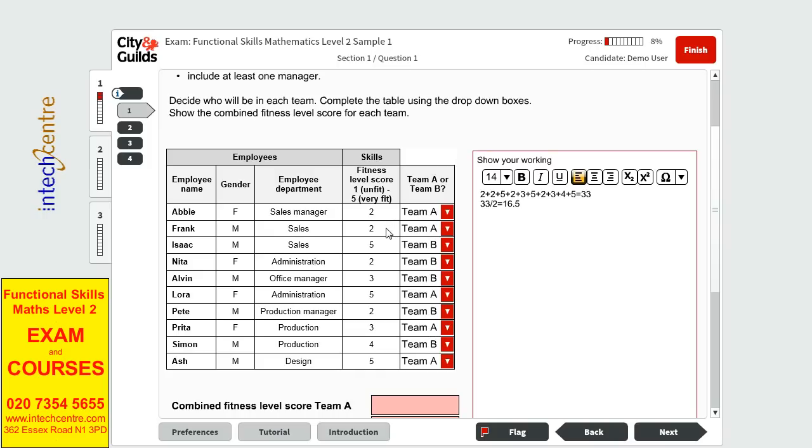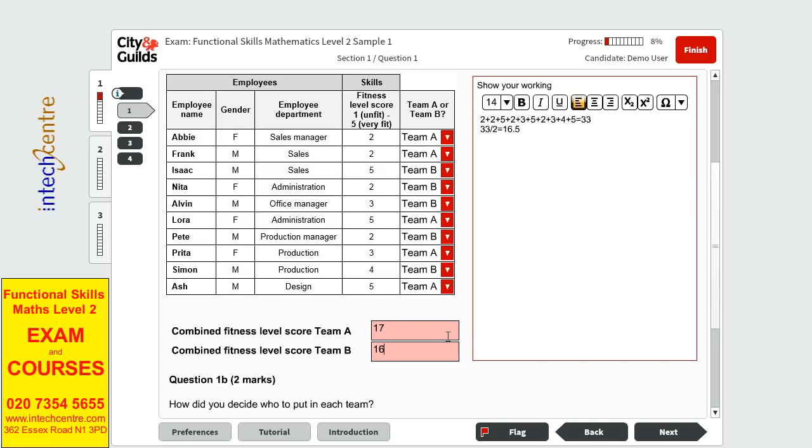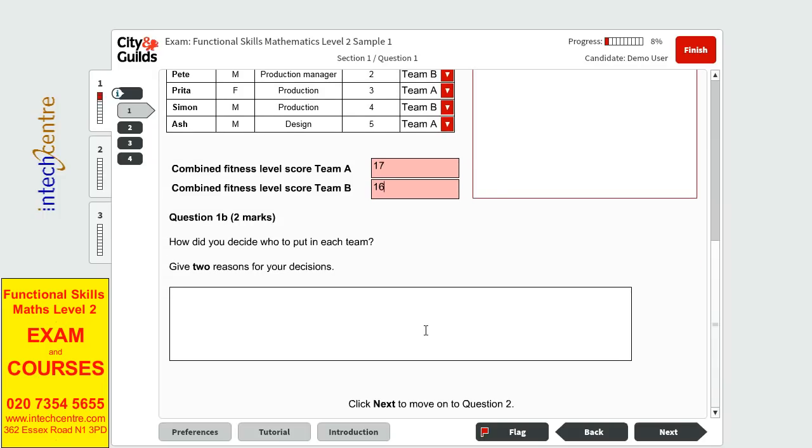So team A, 2, 4, 9, 9 with 3, 12, 12 with 5, 17. So we have 17 for team A, and for team B we have 4 plus 2, 6, 6 with 3, 9, 9 with 2, 11, 11 with 5, 16. So we have our 16 and 17 because they were supposed to be 16.5 and 16.5, but as I said, we can't split the person in two.